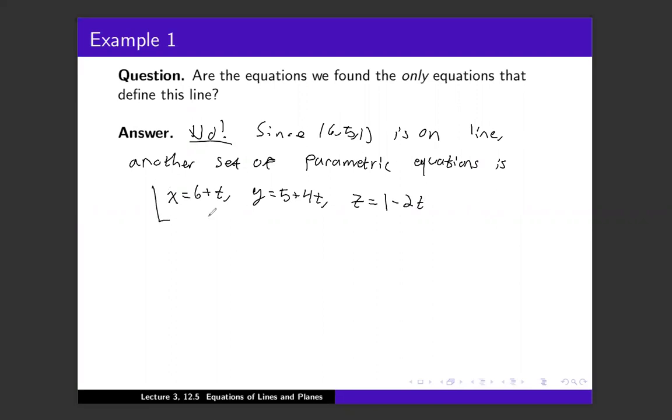Still using the same direction vector, but a different point. There's nothing wrong with that. That's another way of describing this line.